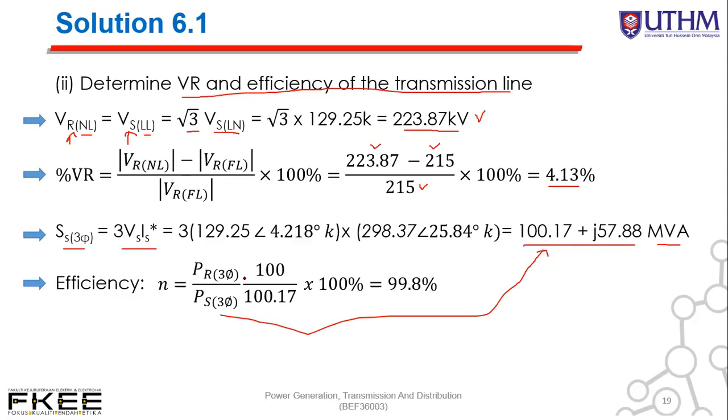Efficiency equals receiving power divided by sending power. The receiving power is 100 megawatt, given in the example, divided by the sending power 100.17 times 100%. So we get an efficiency of 99.8%, which is very efficient for the case of the short line model.